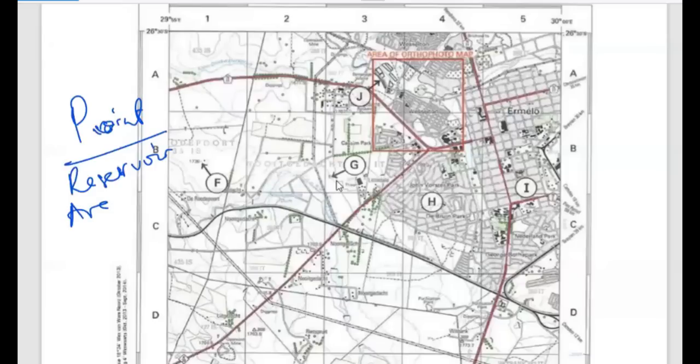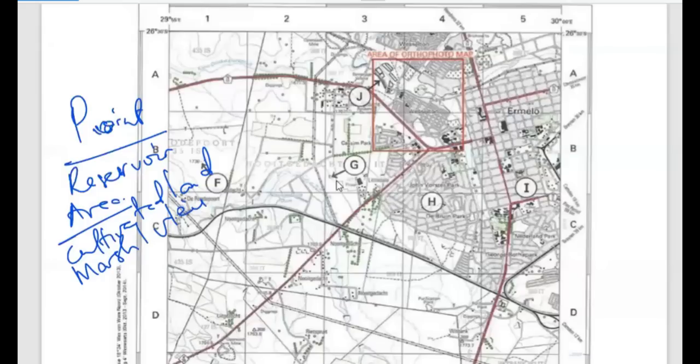Then area: we are looking at a polygon feature here. The area symbols that we have include cultivated land. Cultivated land is an area symbol, and there's also a marsh.